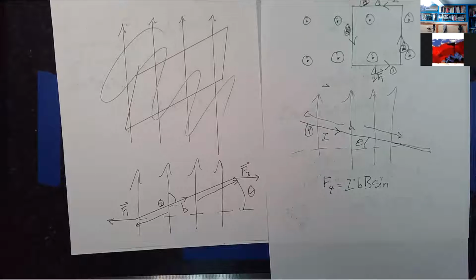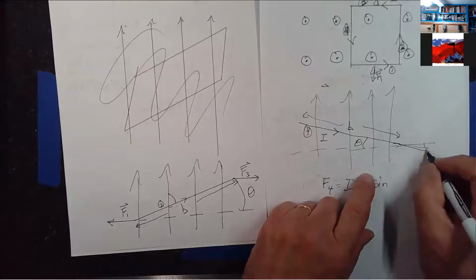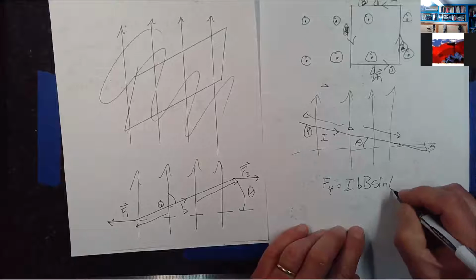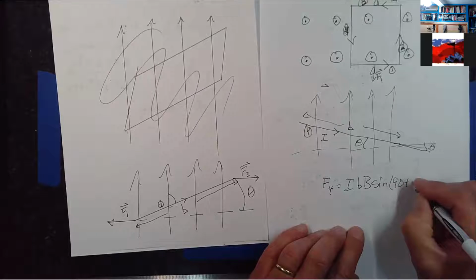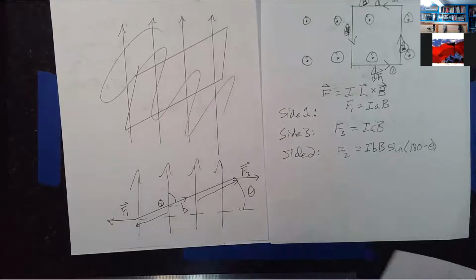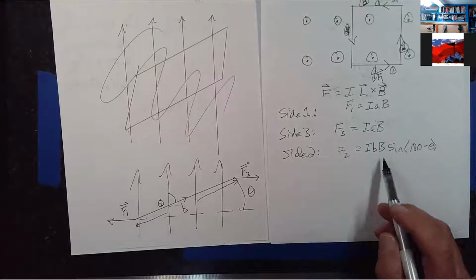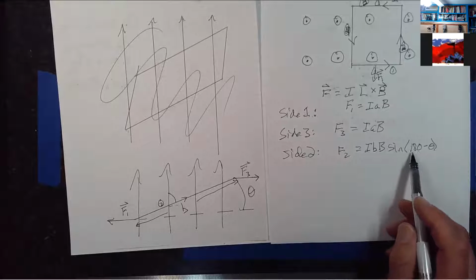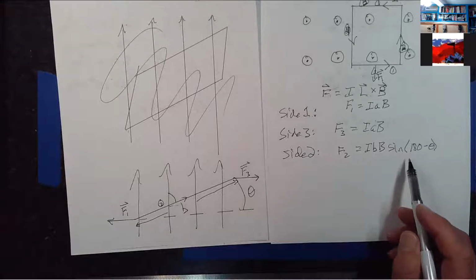Let's see. This is theta. 90 plus theta, I think. Except something doesn't seem right. Did I get this one right? I think that's 90 minus theta, isn't it?